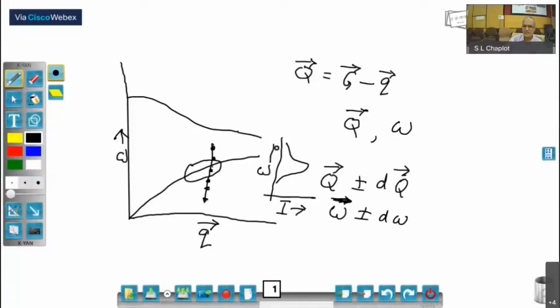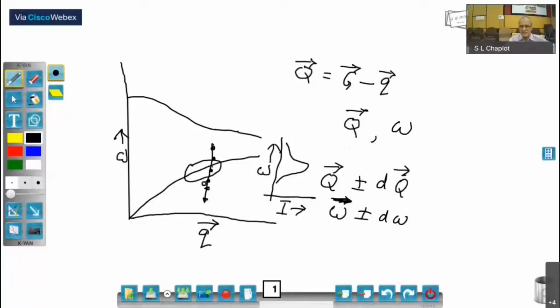The scan is a constant Q scan, so Q is constant, and I am only varying the energy transfer and measuring the intensity. So that gives a peak.